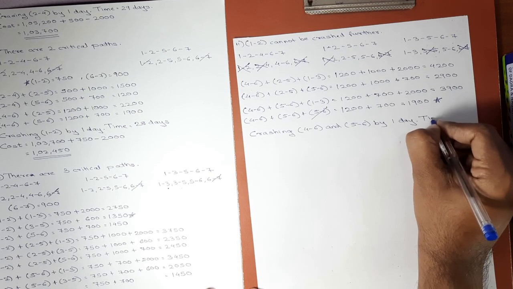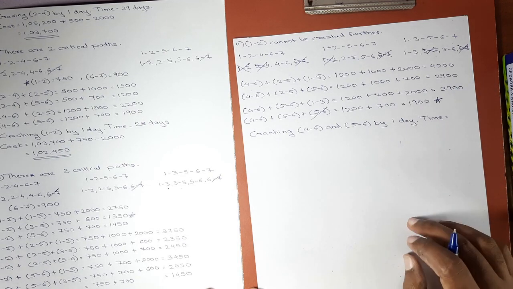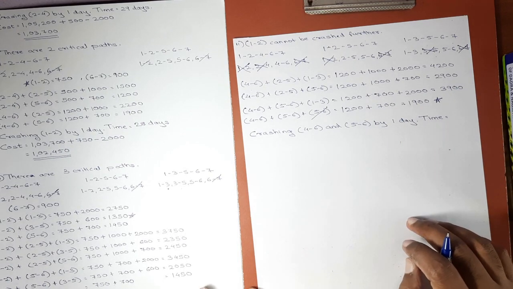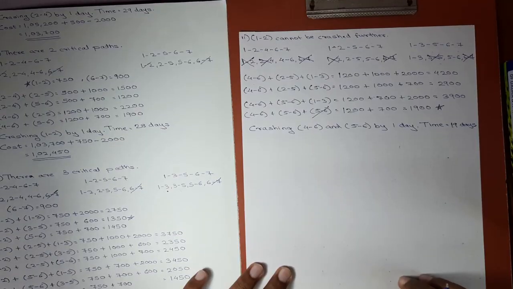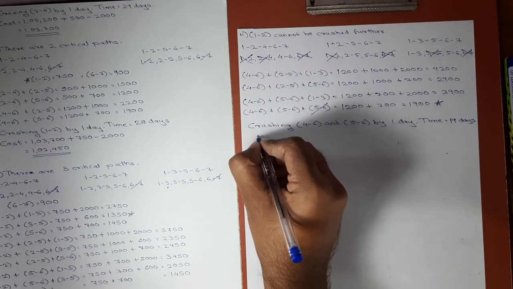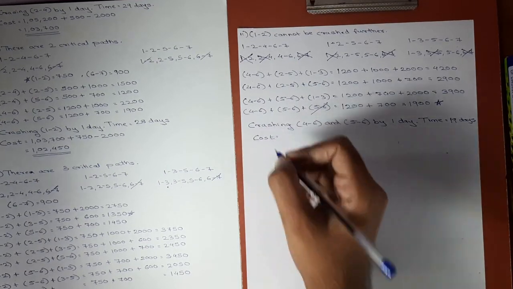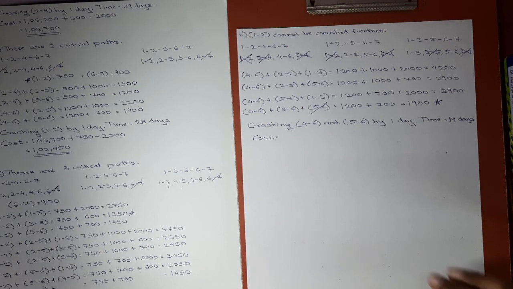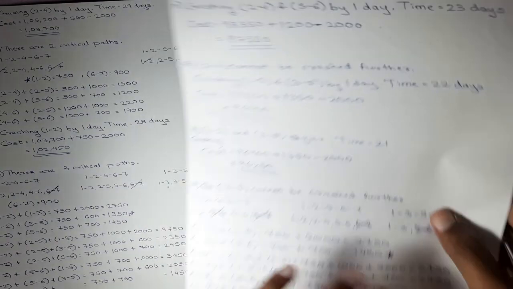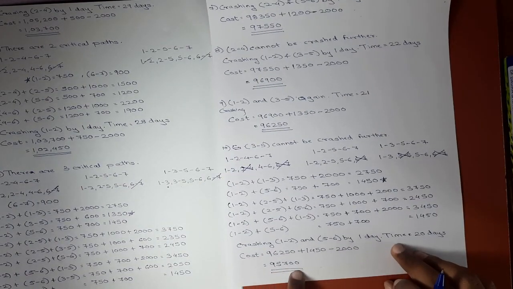Now the time will be, in last step the time was 20 days, so now it will be 19 days. For 19 days the corresponding cost will be, total cost which we got in 10th step of crashing was 95,700.